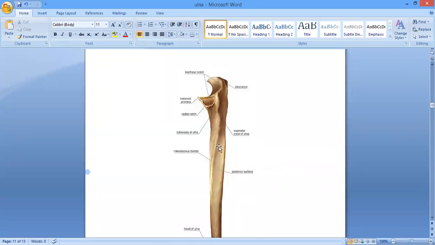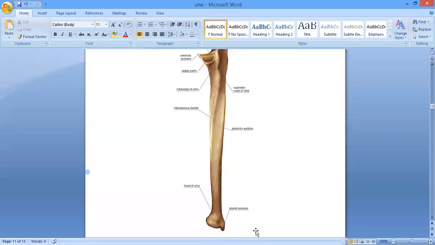So superiorly, it is going to be continuous with the supinator crest, and inferiorly, it is going towards the lateral aspect of the head. You see, the lateral aspect of the head, right?